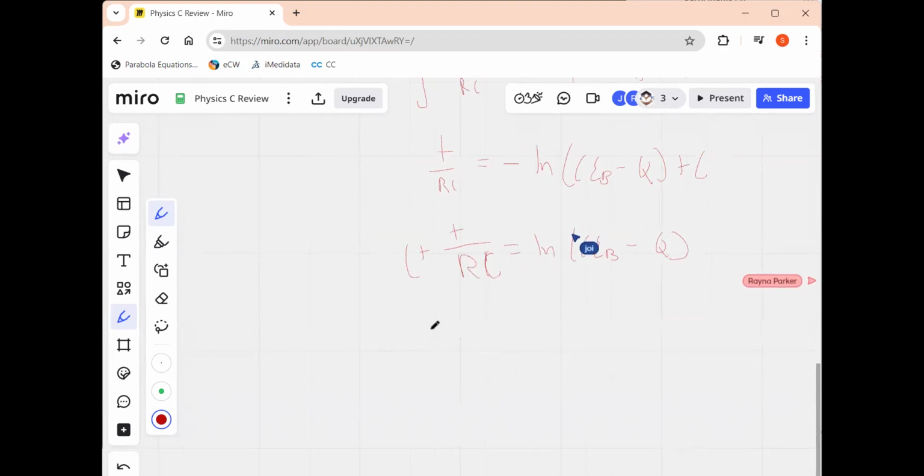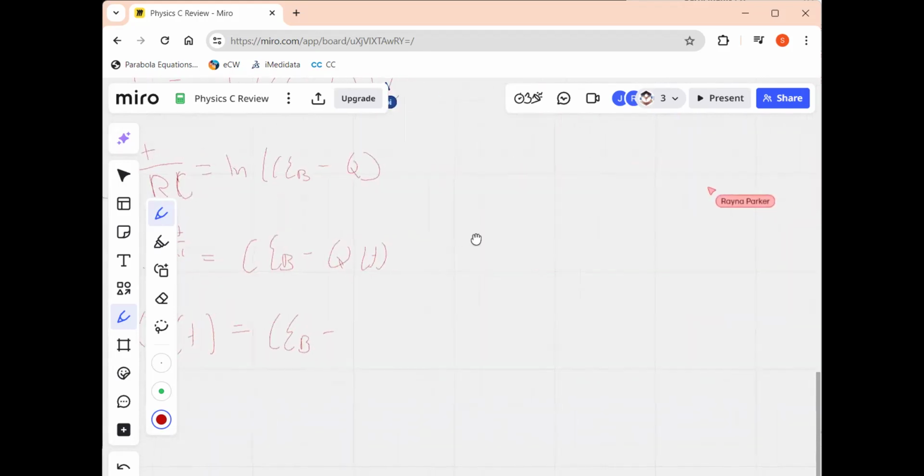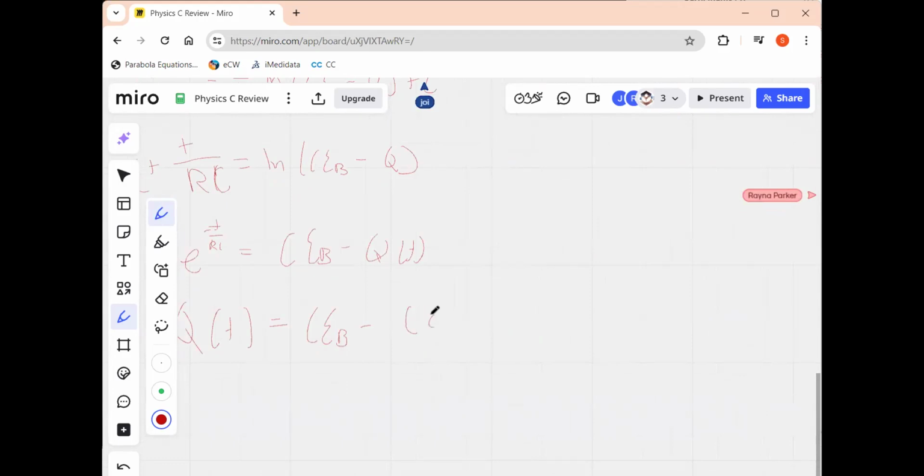And so C times e to the negative t over RC equals capacitance battery voltage minus Q. So Q of t equals capacitance E of B minus constant C times e to the negative t over RC.